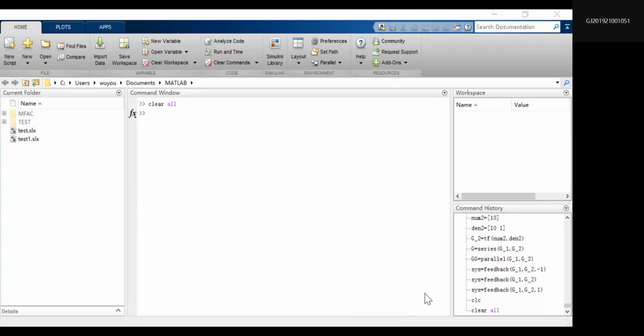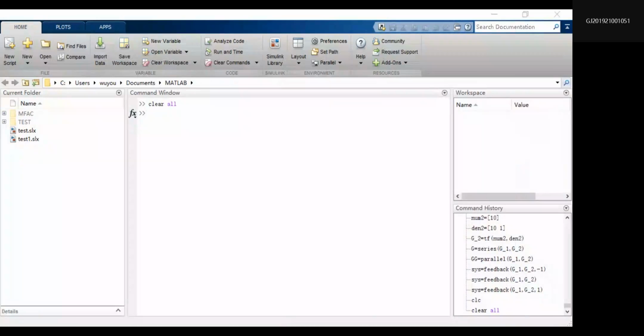Denominator of the second transfer function. What is the coefficient? 1, 2, 1, right? So apply it. And here you can see, is this the transfer function we need? Yes. So we get two transfer functions in the forward pass.